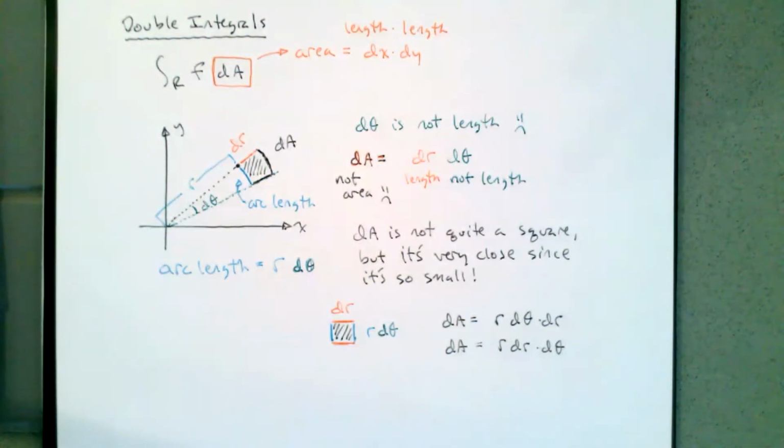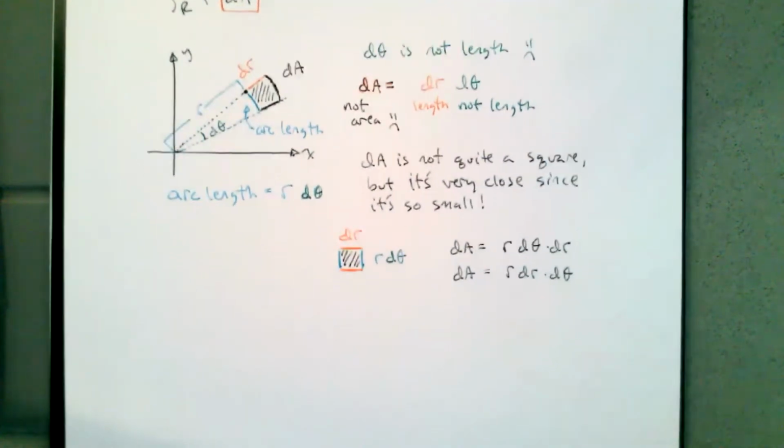Now, we need to make sure that this works. And for that, it's a good thing that we have enough of a library of functions to integrate something both in rectangular coordinates and something in polar coordinates.